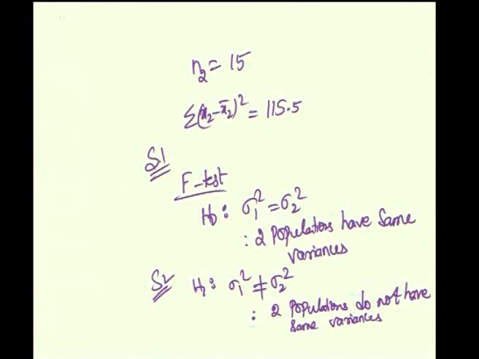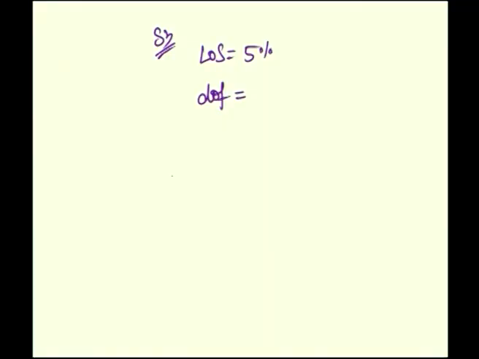Okay. So, step 3, level of significance is 5% and degrees of freedom cannot be decided now. It has to be decided based on capital S1 square and capital S2 square, whichever is greater should come in the numerator. Accordingly, the degrees of freedom formula will also change. So, at present you leave this step as it is and go ahead with calculating the F value.